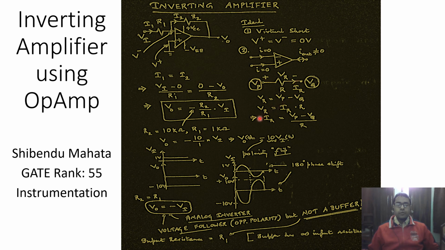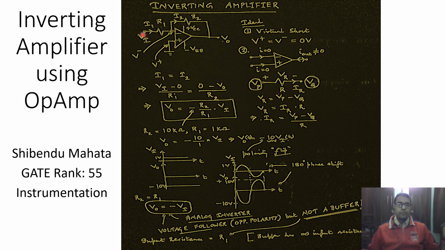Therefore, from Ohm's law we can state that V sub R is equal to I sub R multiplied by R, and therefore the current through the resistance is equal to Vp minus Vq divided by R. So this is simply equal to the voltage at the node from where the current is flowing, minus the voltage at the node to which the current is flowing, divided by the value of the resistance.